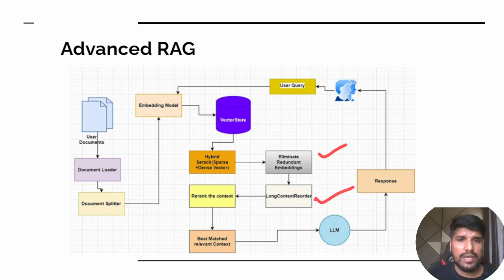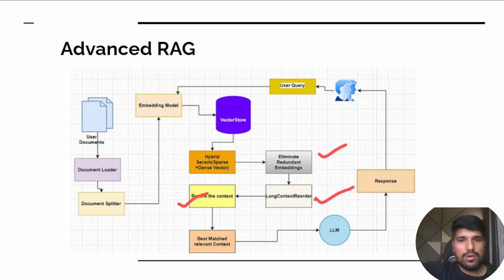With this, whatever chunks get extracted, we can order them based on the context available in them. The next method is called re-rank the context.